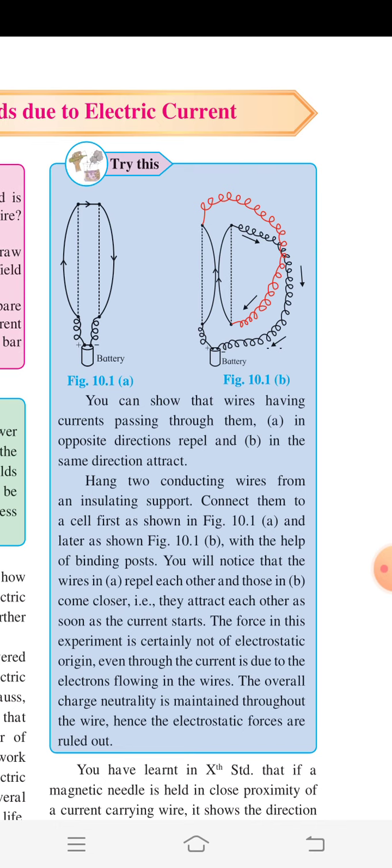You will notice that in figure 10.1a, if the directions of current are the same, then these two wires repel each other, and if the direction of current is opposite to one another, then these two wires attract each other.